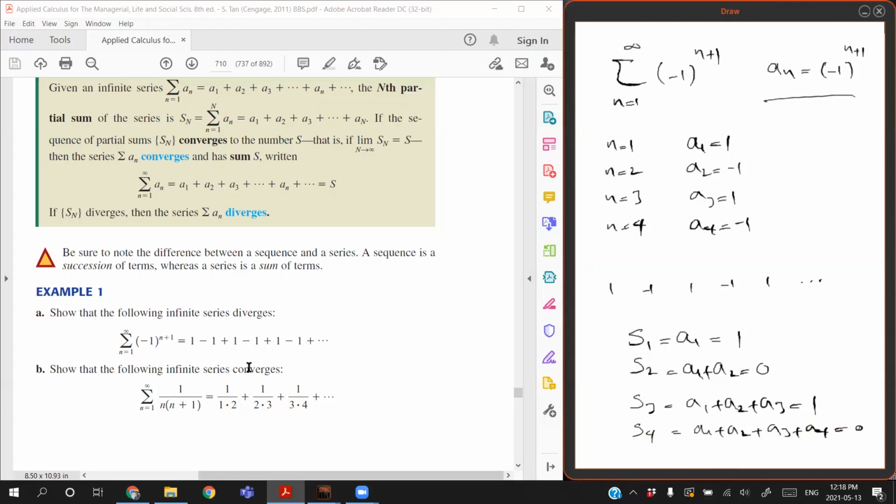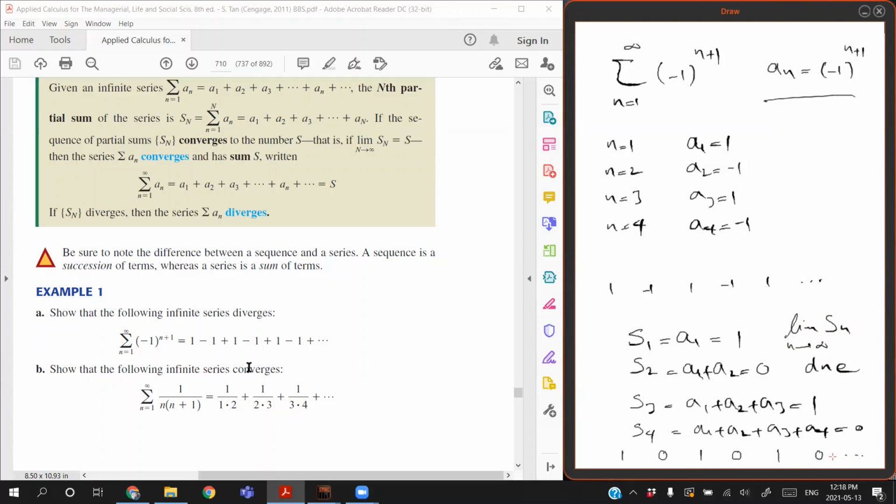So when I look at the sequence of partial sums, which has been defined based on my original sequence over here, I see that it has the form 1, 0, 1, 0, 1, 0, and so on. And this continues like this, the same pattern forever. So it's clear that if I take the limit of Sn as n approaches infinity, this limit does not exist because there is no single finite number that these values approach.